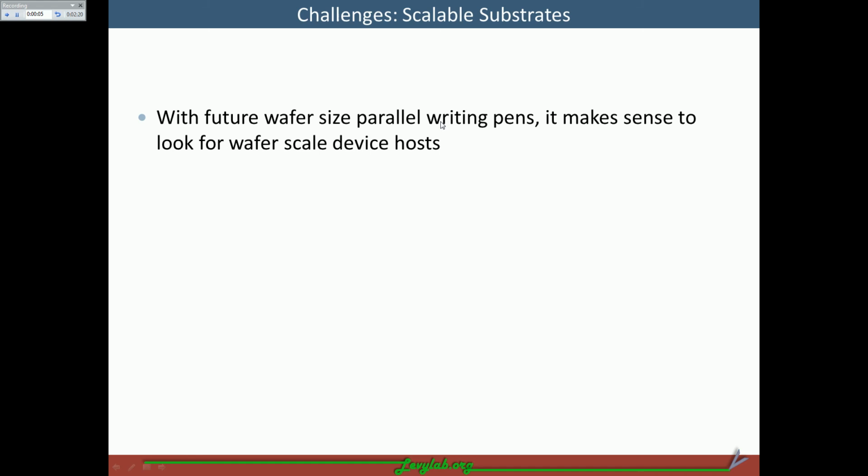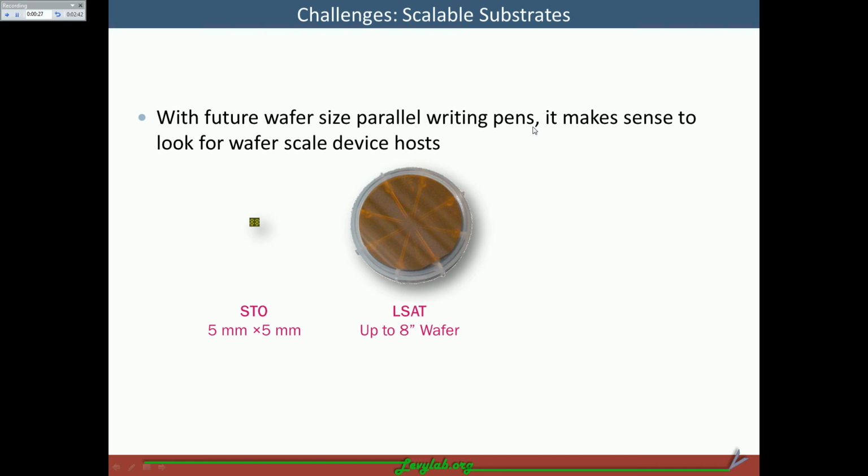So maybe the system is promising for those reasons, but there are several challenges. One is scaling the substrate on which we write. Right now, we have lanthanum aluminate grown on top of a strontium titanate substrate, which is limited to about 5 millimeters on the side. What we want to do is look at growing the LAO/STO on a scalable substrate.